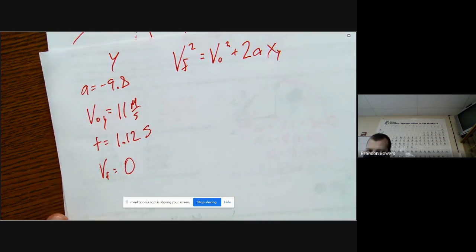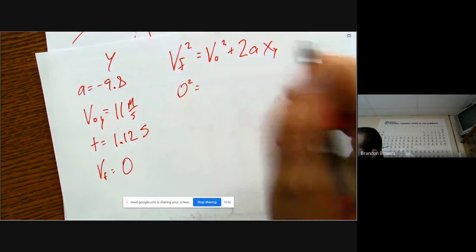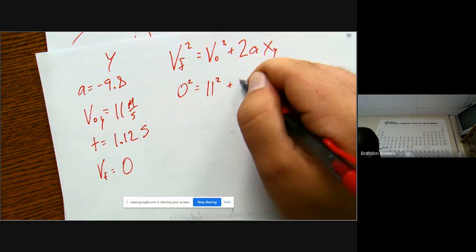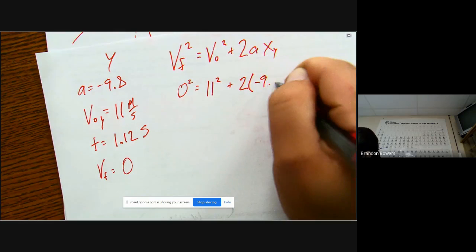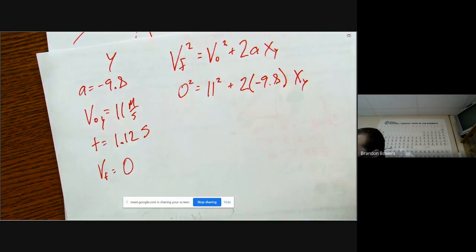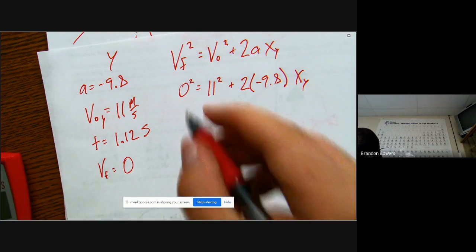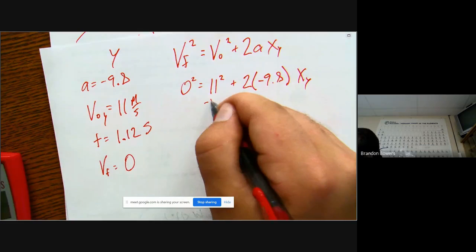All right, so velocity final squared. So 0 squared, that's pretty easy. Initial velocity squared plus 2 times negative 9.8 times x in the y direction. Okay, let's see. So I got 11 squared, 121. I'm going to subtract that over.